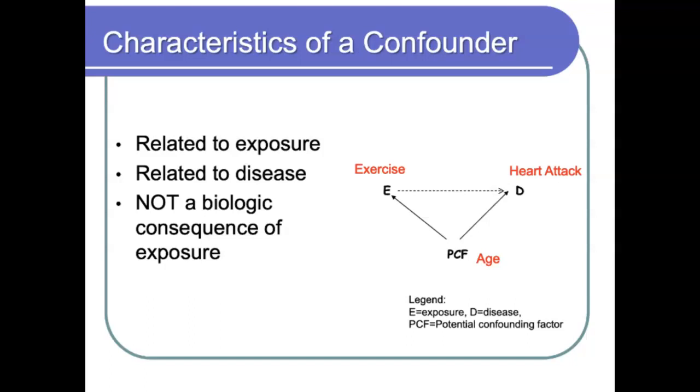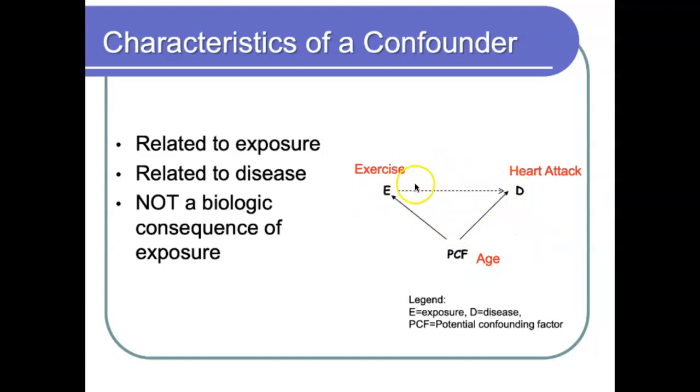So in other words, age is going to be associated with the chances of having a heart attack. Now, given that this variable is associated with our exposure, it's also associated with our outcome, and it is not a biologic consequence of the exposure, meaning that exercise doesn't result in age.